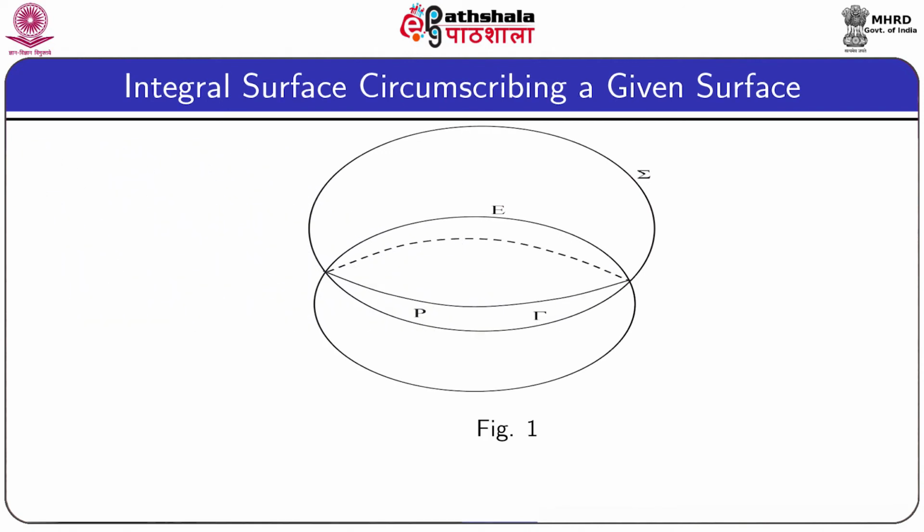So, if we look at picture 2, and let E be our required surface, then the surfaces sigma and E touch along a curve gamma, which is shown here. So now we are interested in finding the integral surface E, which is touched by the surface sigma through the curve gamma.